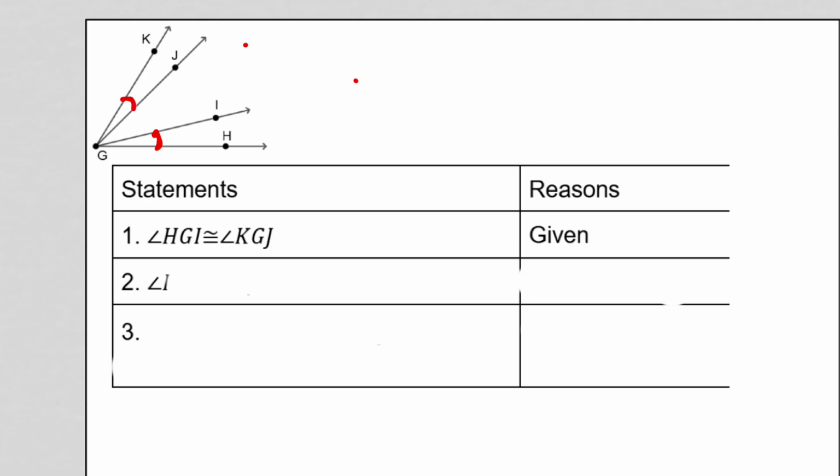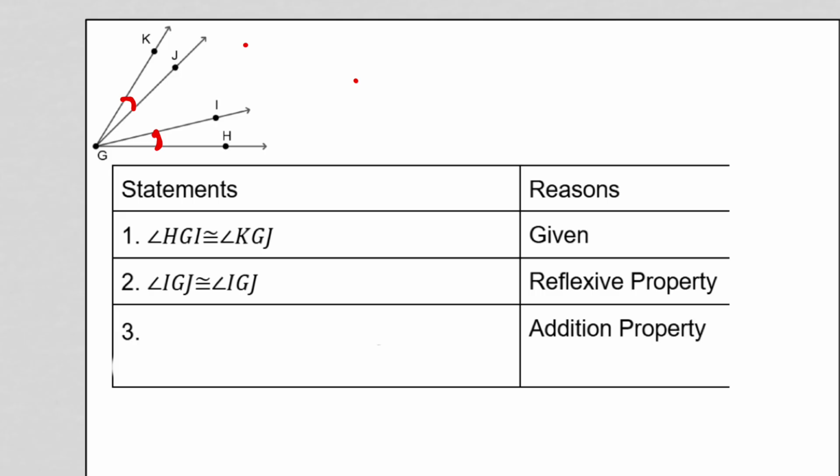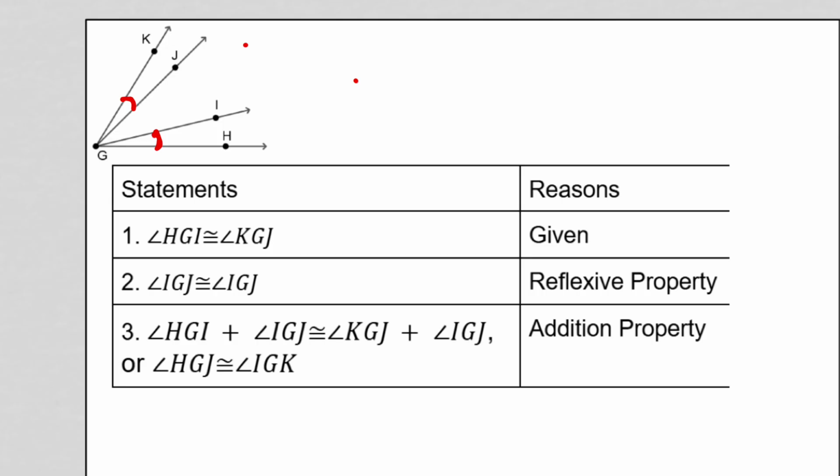And you'll notice that this piece in the middle, IGJ, is bordering both angles. So if we say IGJ equals IGJ by reflexive, then I can add these two congruences together and say HGI plus IGJ equals KGJ plus IGJ, or these bigger angles.